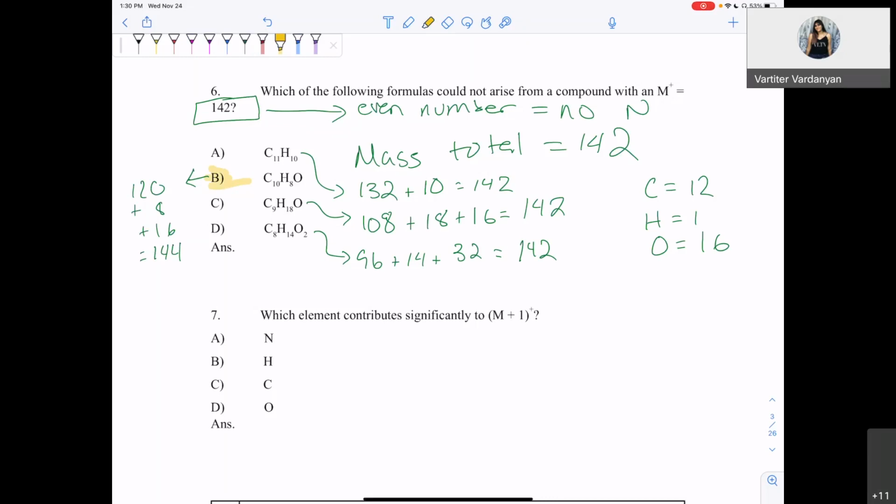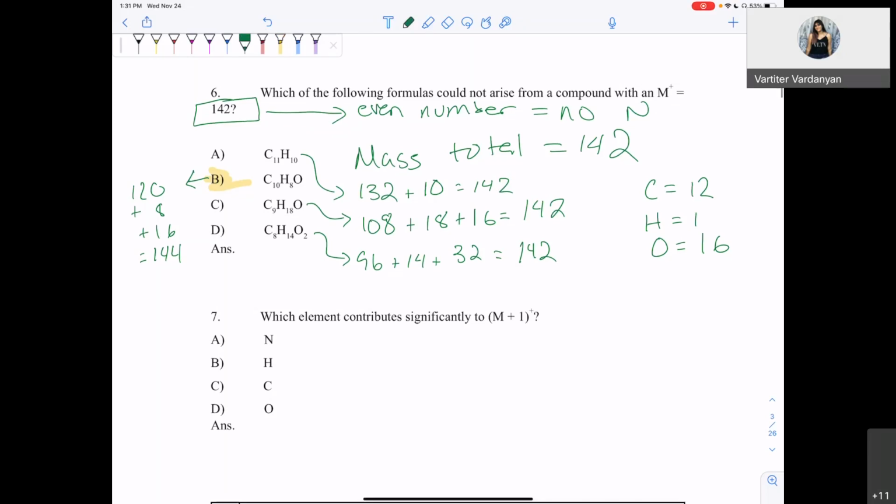So someone asked, if you were to give us an M+2 mass, which mass number would we use for bromine or chlorine? So for chlorine, you're going to use whatever is on the periodic table. For bromine, for the M plus peak, you use 79. For M+2, use 81.